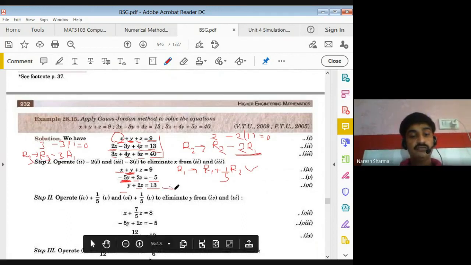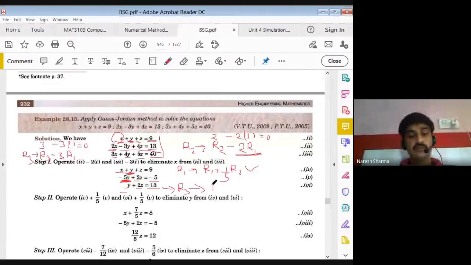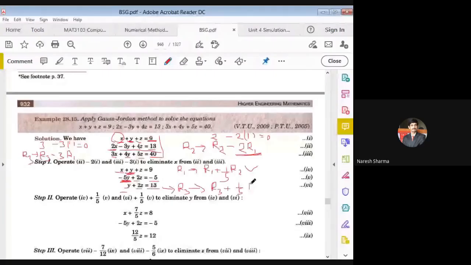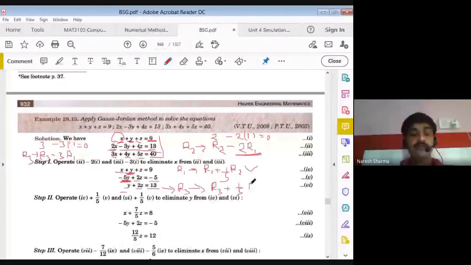Similarly on the third row, as this is also 1, same. Here R3 plus 1 by R2. So kindly keep in mind, always use this operation on your pivot equation.